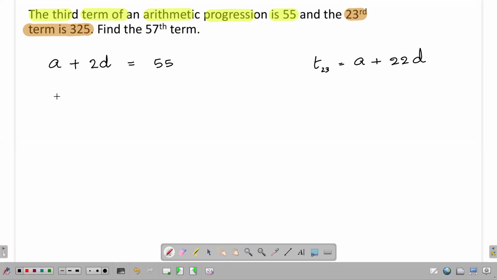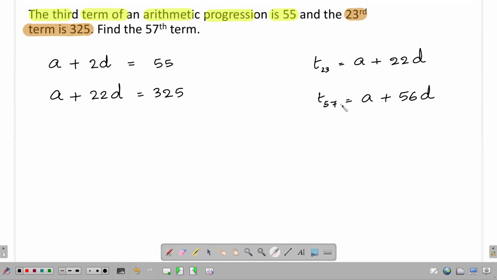So the 23rd term, a plus 22d, is given as 325. You are asked to find the 57th term. What is the expression for that 57th term? It is a plus 56 times d.